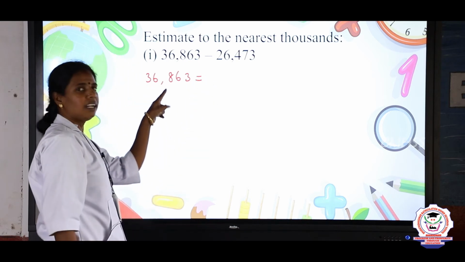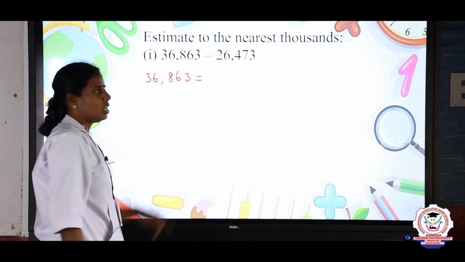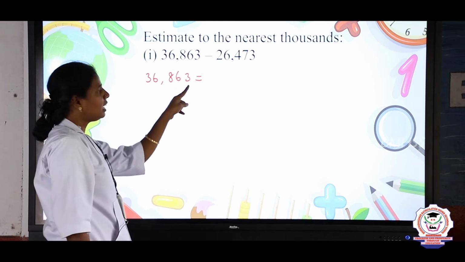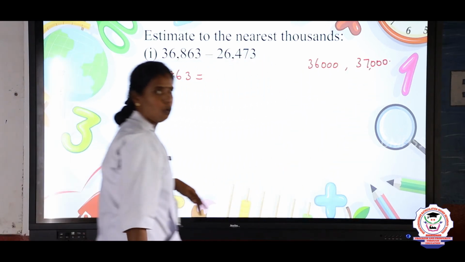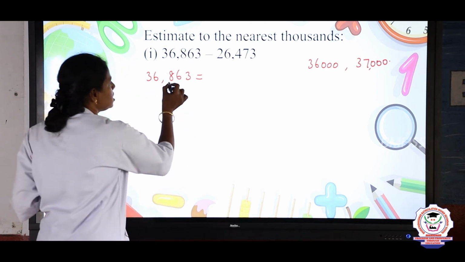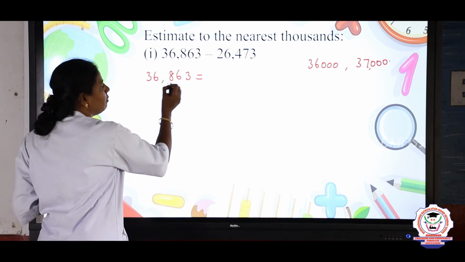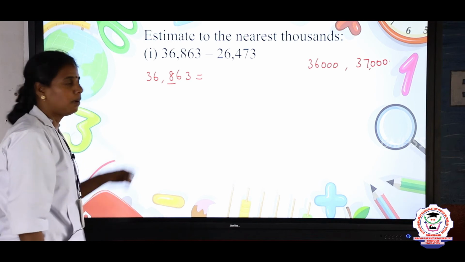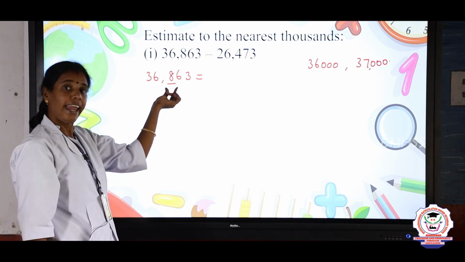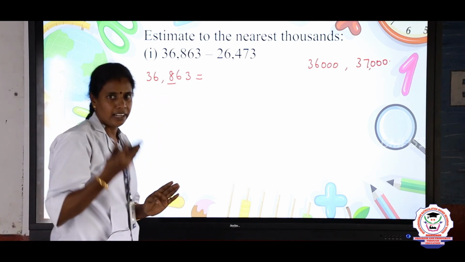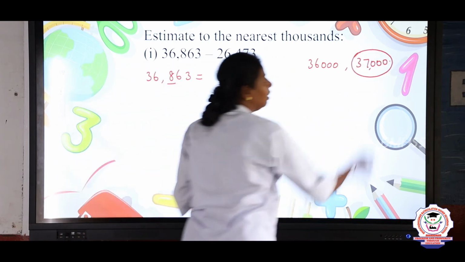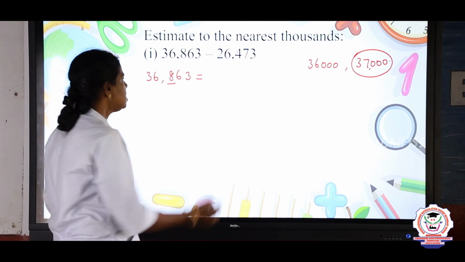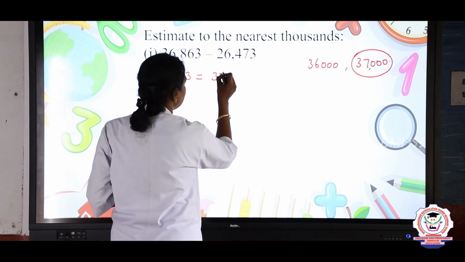What is the estimated value of this to the nearest 1000? 36,863 will lie between 36,000 and 37,000. So for the nearest thousand, we are going to see the hundreds place number. In the hundreds place, 8 is there. 8 is greater than 5. So it will be rounded to the next number. Next nearest 1000 is 37,000.